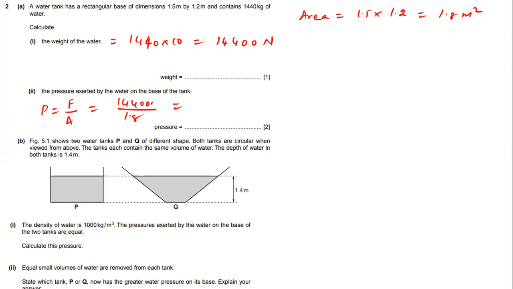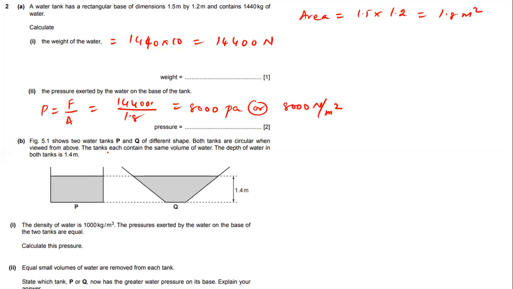Can you tell me what is the answer here? 8,000. 8,000. Unit? Pascals. Pascals, or maybe you can also write this as 8,000 Newton per meter square. Okay, you can write it in either way. Yeah. But all the calculations have to be shown.